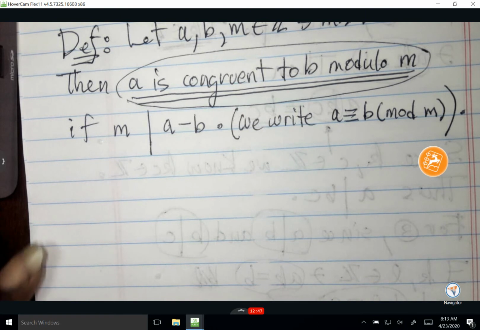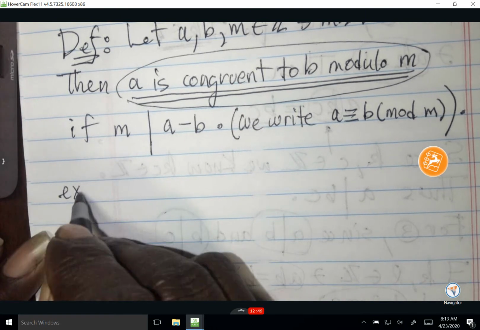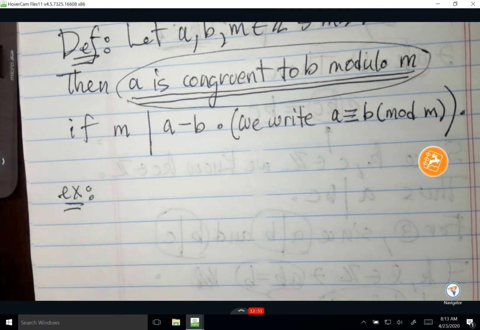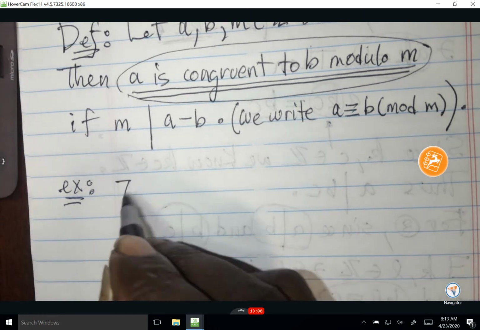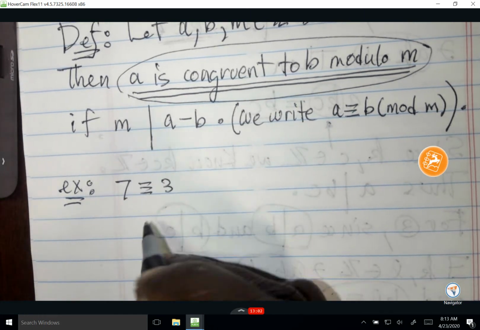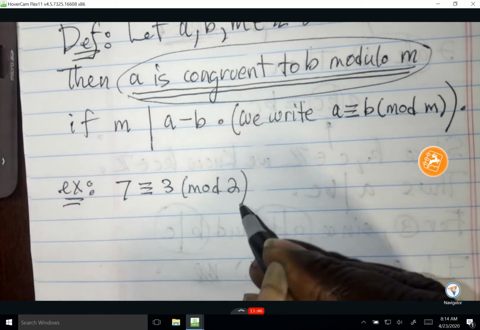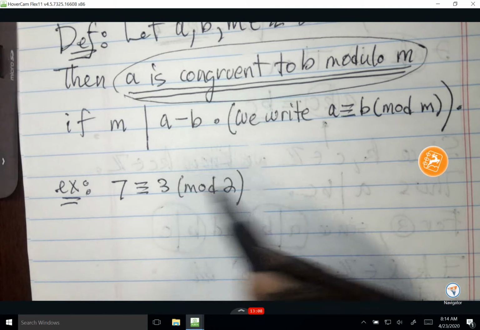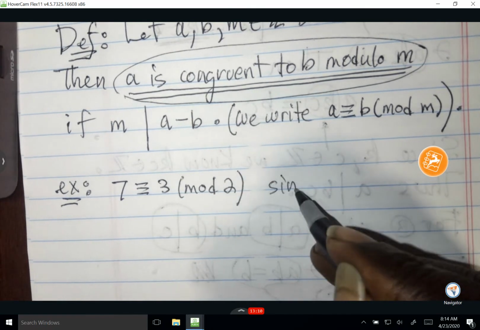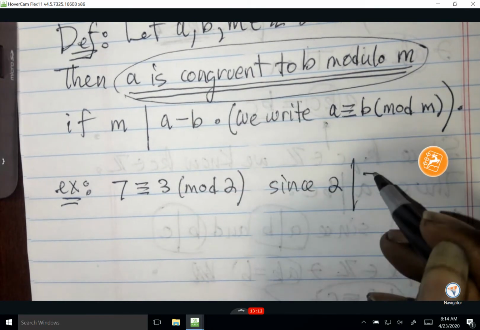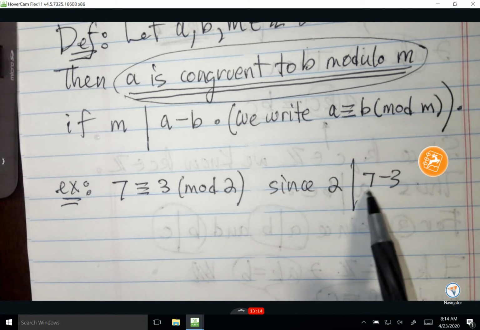For example, very easy. For example, 7 is congruent to 3, mod 2. Why? Since 2 divides their difference. Since 2 divides 7 minus 3, because that's 4.